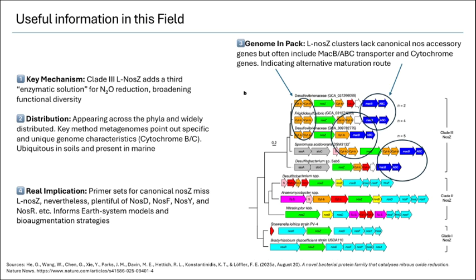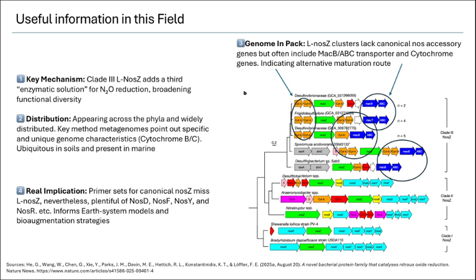The third one is mechanism leads. The recurrent MACB ABC transporter and also cytochrome B and C neighborhood around L-NOZ suggest a non-canonical maturation or electron transfer route. That's strong evidence and a testable hypothesis for genetics and biochemistry.